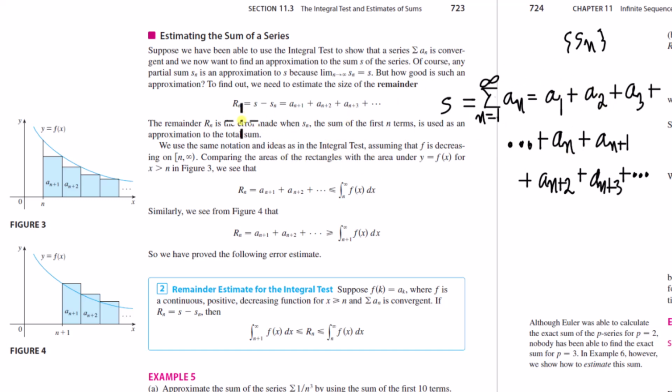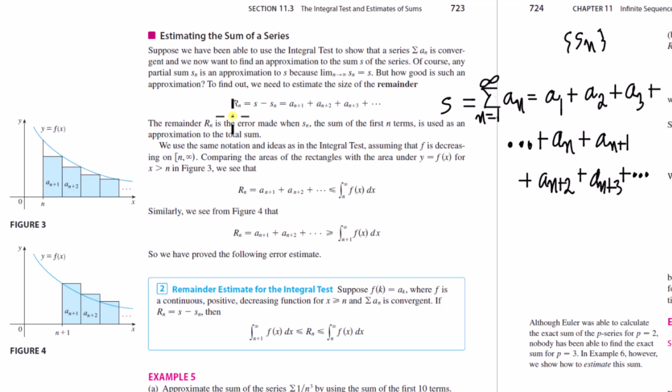If you imagine taking S minus S sub n, do you think about this as a number or a sequence? In this sense, we're going to be thinking about it as S is the sum of all of these terms going from 1 to infinity. If you subtract from that S sub n, the sum of the first n terms, then you subtract out the first n terms and you're left with A sub n plus 1 plus A sub n plus 2 plus A sub n plus 3 all the way to infinity.